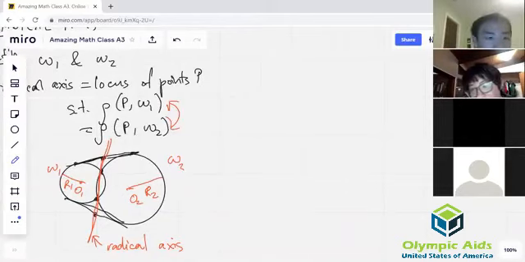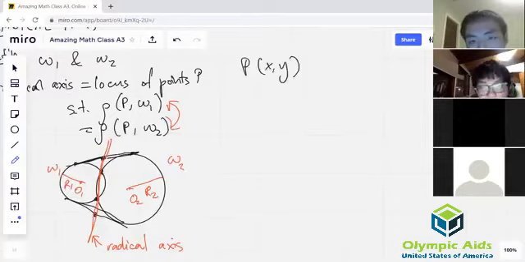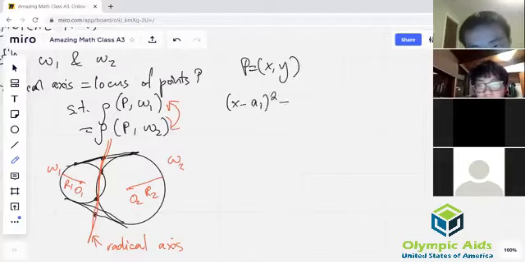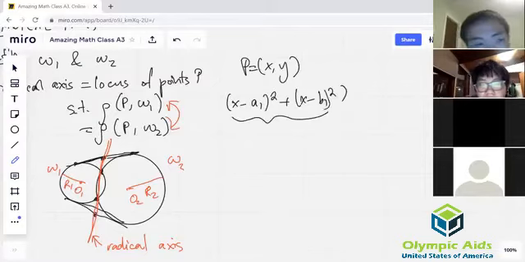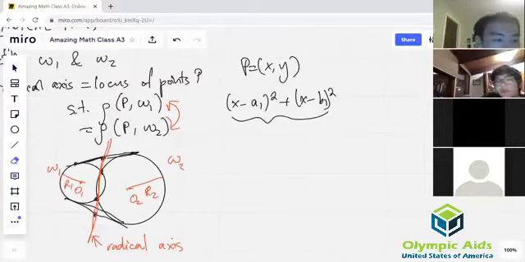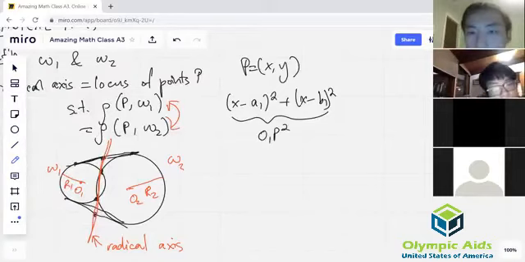But what you know is that if my point P, which I'm trying to show is on the locus, is equal to (x, y), so I'm looking at all points (x, y), we know that the power with respect to this circle is equal to (x minus a1) squared plus (y minus b1) squared, where a1, b1 is the coordinates of the center O1. This is equal to the distance O1P squared, and then you subtract R1 squared.